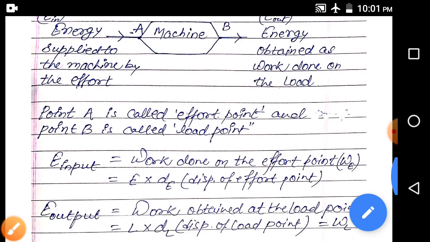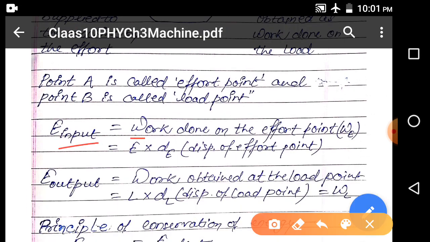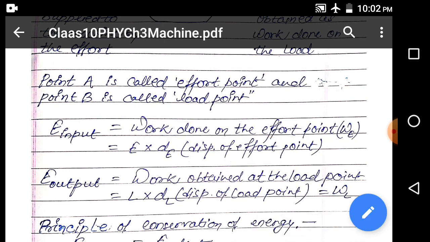See, the energy input is the work done on the effort, which is WE, and it is equal to E into dE. Here dE is the displacement of the effort point A. Now see the next one.